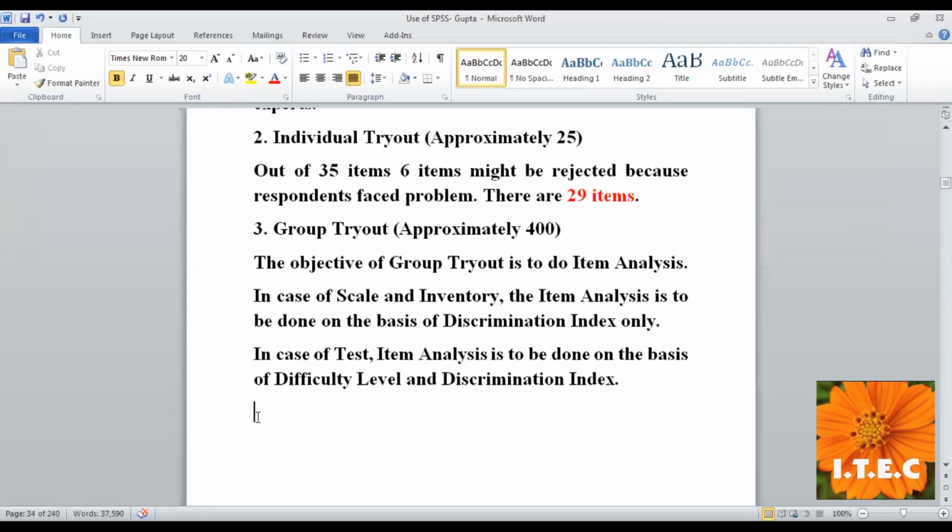Do not give statements which may adversely affect. So you should just introduce yourself and tell them that you are doing research and you are developing a tool and you need their help. And tell them that the performance on this particular tool will have no relation with their exam, which they will be having. This you should make very, very clear.